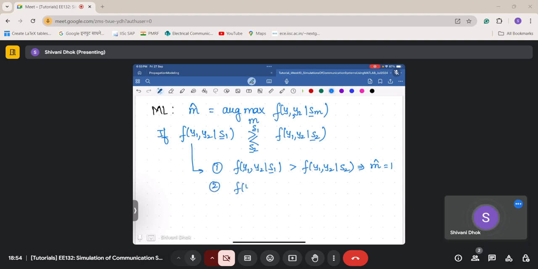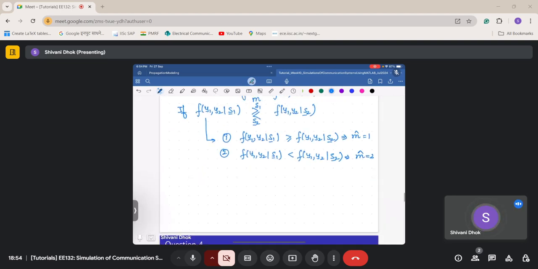If f of y1 comma y2 given s1 is less than f of y1 comma y2 given s2, you decide in favor of m2, and you can put the equality anywhere, either in the first part or the second part. So let's put it here. These are the two things that we have, and now we need to compare these two PDFs.